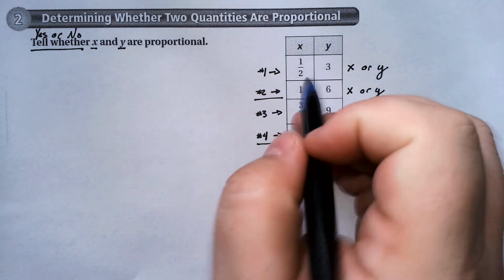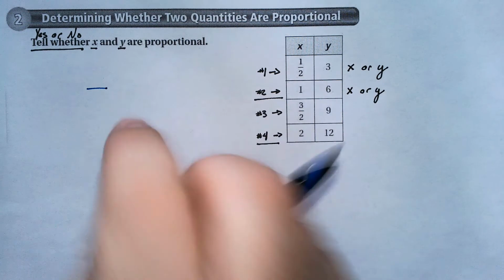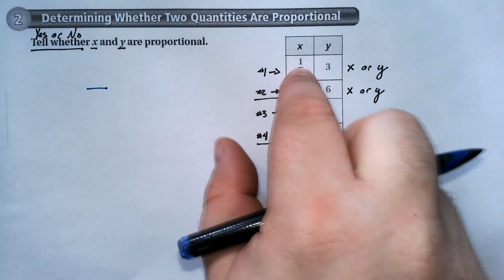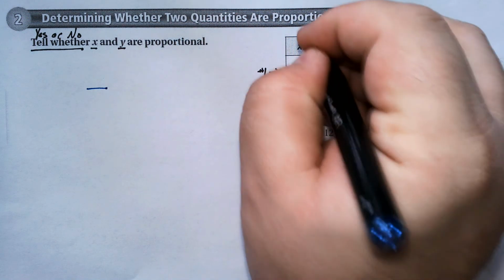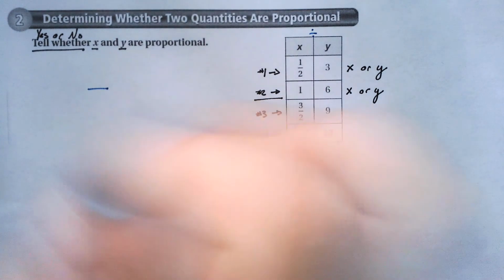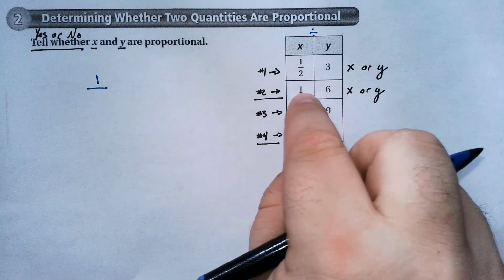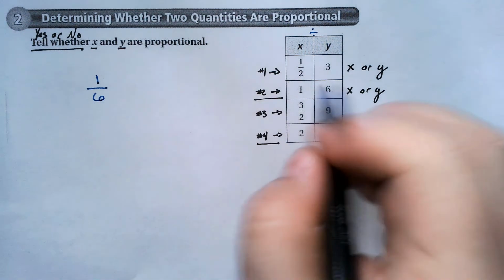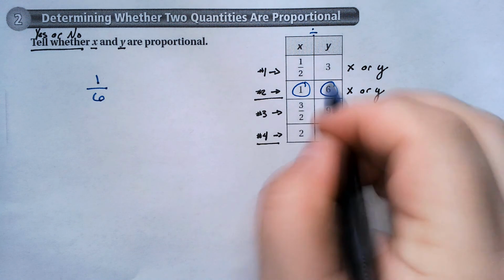So what I want to do is create a fraction where x is over y. So I'm going to get 1 for my x here over 6. That's where I get these two numbers.